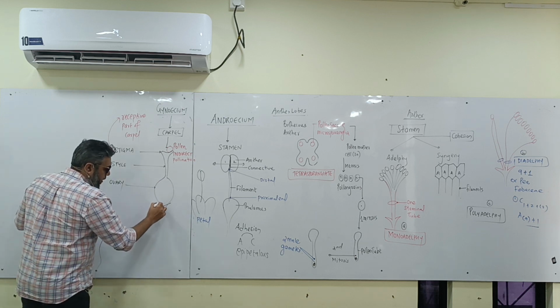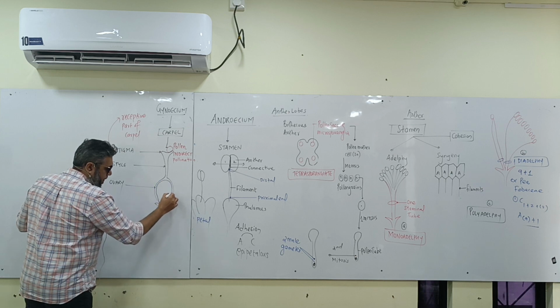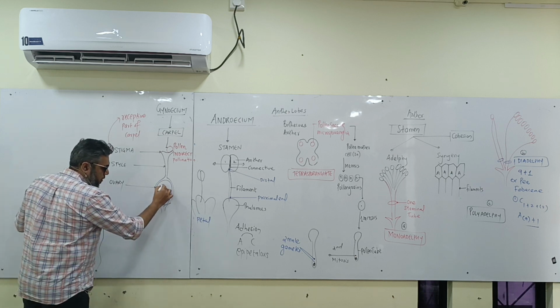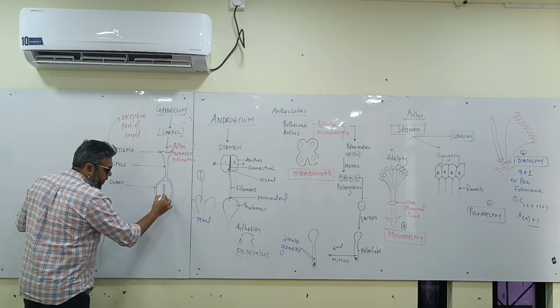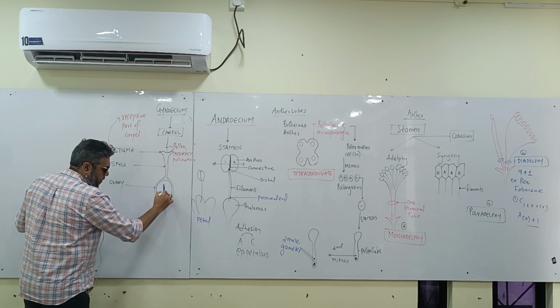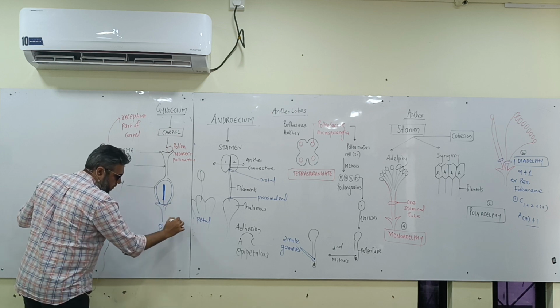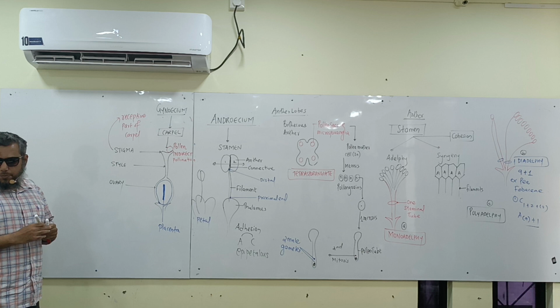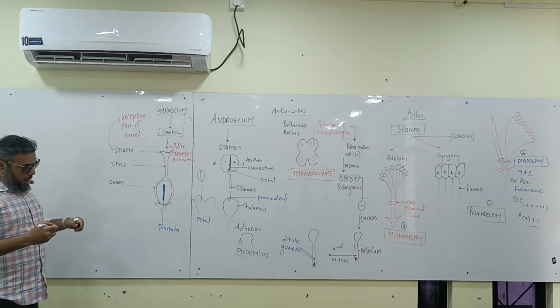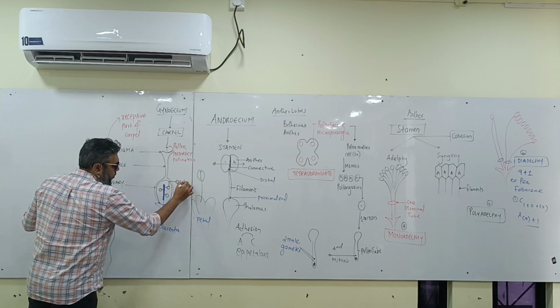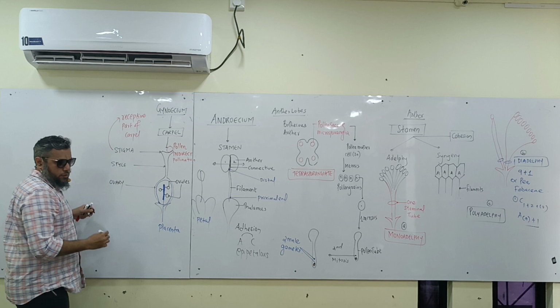Now the ovary, okay, shows the presence of a nutritive tissue. What is the nutritive tissue called? Placenta. And on the placenta, we see the presence of structures which are called as ovules.